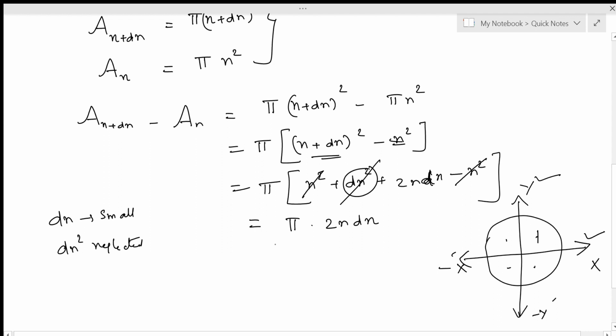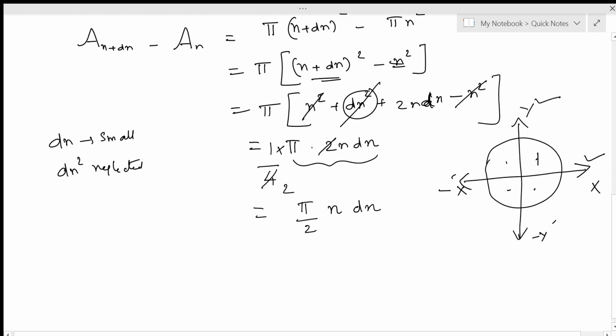Therefore, the energy of the electron is taken as a positive value and the positive quantum number should be considered. So, among the four, only one will have the positive integer value. So, multiply this by 1 by 4. 2 and 4, we get pi by 2 n dn.